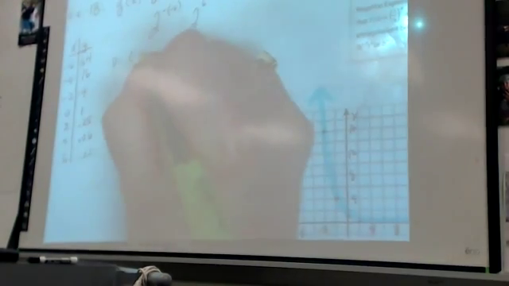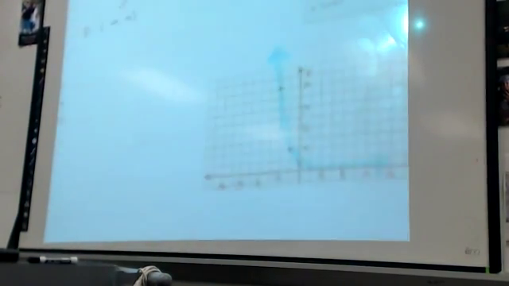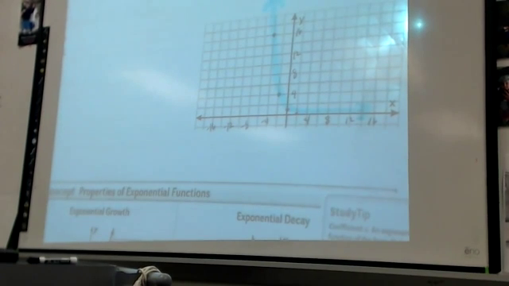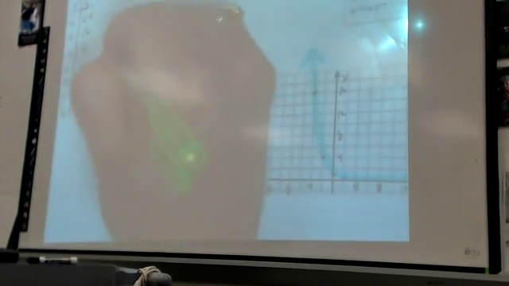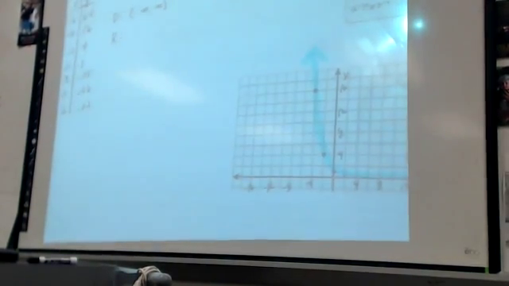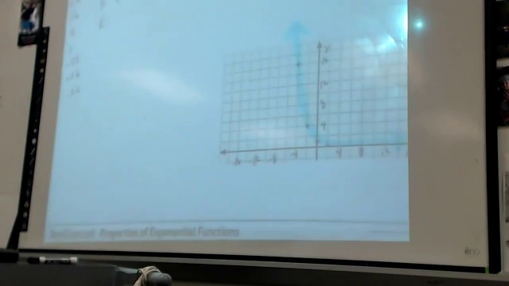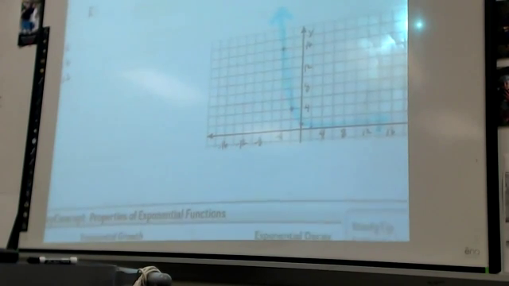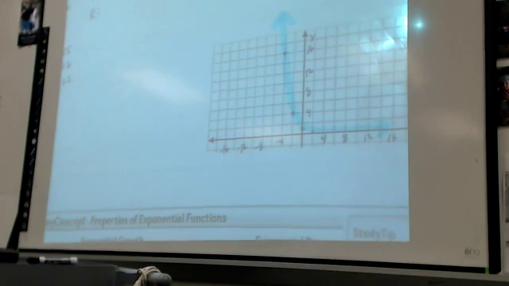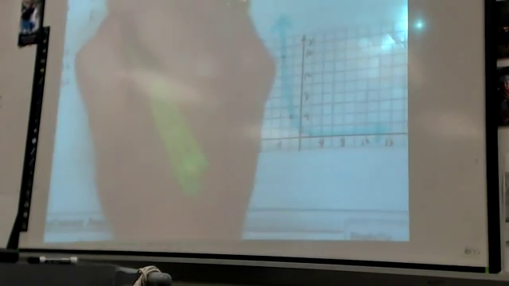So that one's the same as the one we did before. What's different about this one anyway, when you look at it? It looks like it's flipped. All right, what about the range? Did it change, or is it still 0 to infinity? You always start with the low. Oh, so it's 0 to infinity. Yeah.